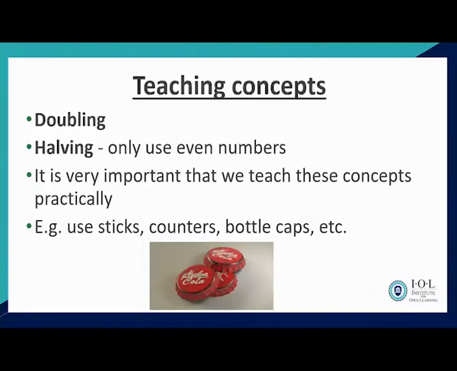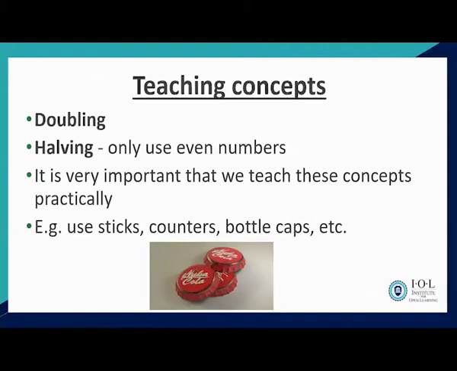So now I give the learner 4 counters or 4 bottle caps. I ask the learner, how will I be able to halve these? Halve, the learner understands that halving means dividing by 2. So 1 for that one, 1 for this one, 1 for that one, 1 for that one.